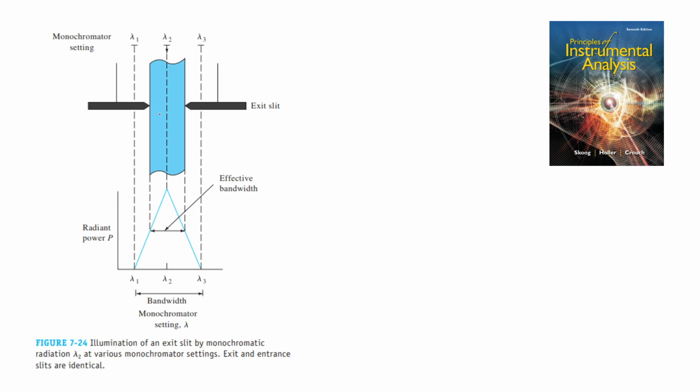Then what is going to be the effective bandwidth of this wavelength? This is the effective bandwidth, which is actually going to be half of this bandwidth when exit and entrance slits are equal. Here it is written: illumination of an exit slit by a monochromatic radiation lambda 2 at various monochromator settings, exit and entrance slits are identical here.